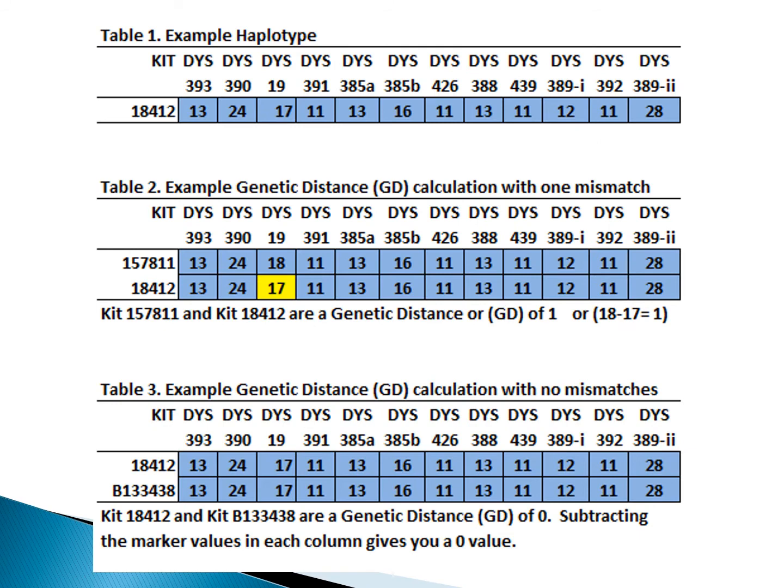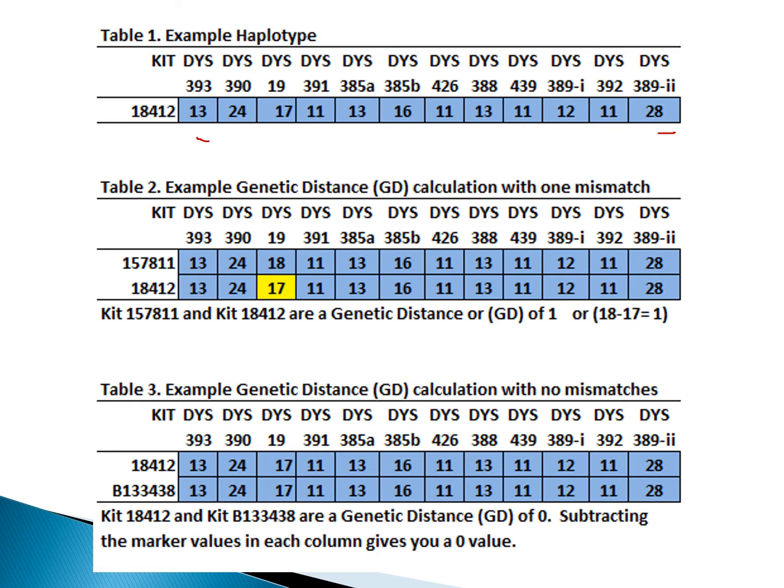Table 1 shows an example of a haplotype. Basically, kit number 18412, and those rows of numbers are what you would consider a haplotype, beginning with 13 and ending in 28.